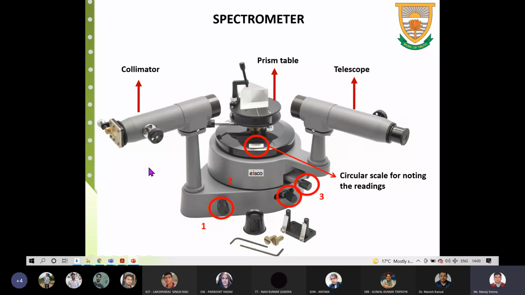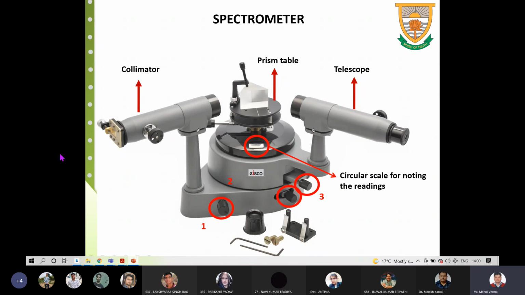This collimator is used to take light from the source, and these light rays will fall onto the prism which we are placing on the prism table. Whether reflection happens or refraction happens, we will study those patterns, those light rays, with the help of this telescope.